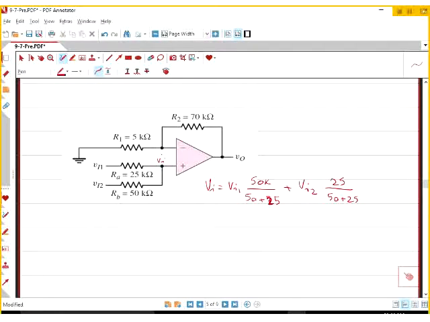If you know the VI, now I know the VO is 1 plus R2 over R1 times VI.